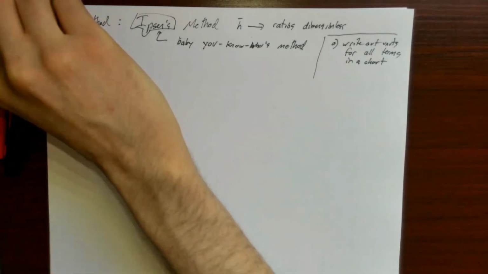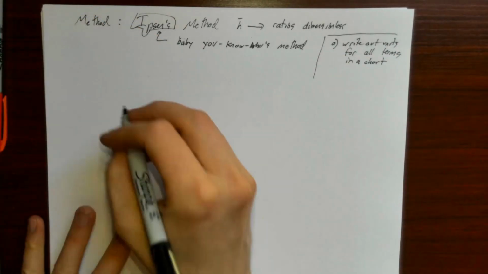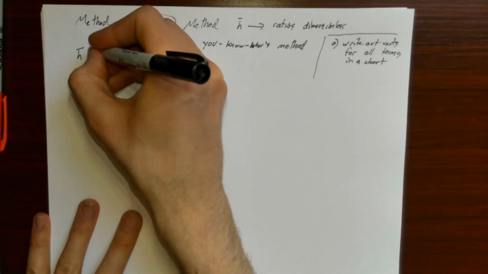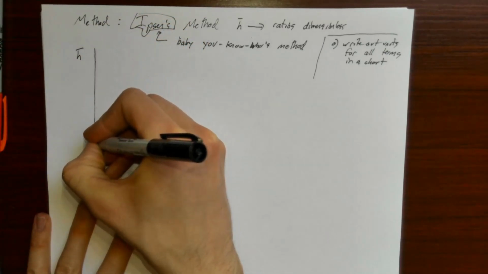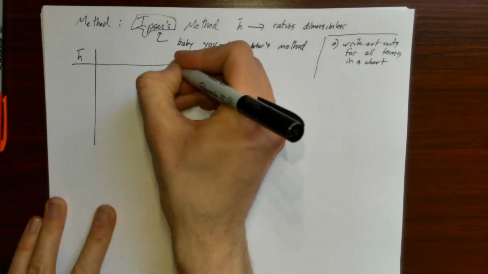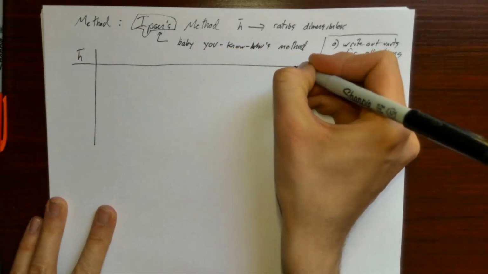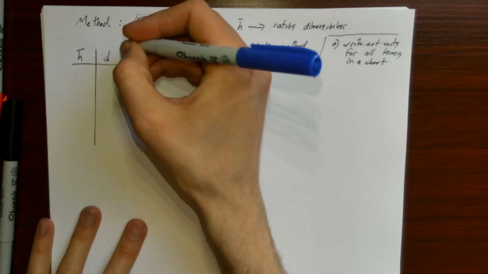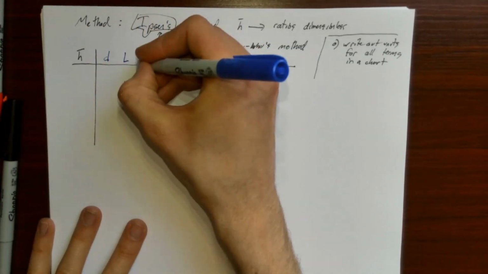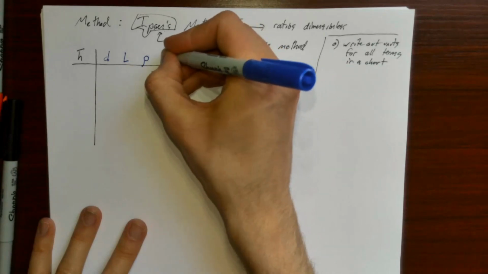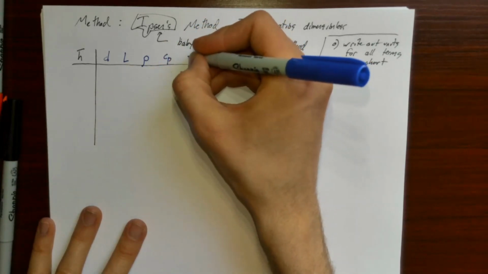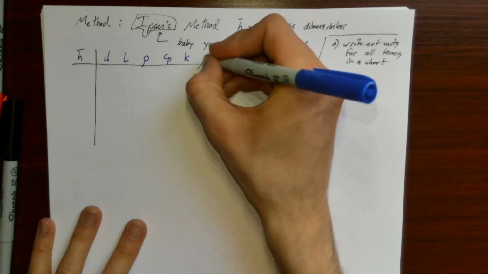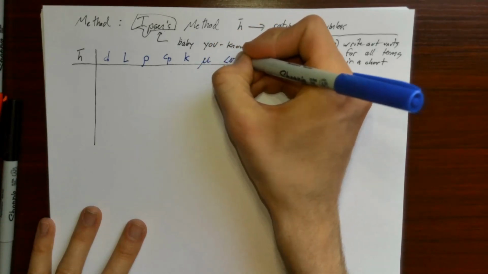So we said we wanted to formulate h bar as a function of 7 variables. So I'm going to formulate this right here. We said that h bar could be a function of diameter, length, density, specific heat, thermal conductivity, viscosity, and average fluid velocity.